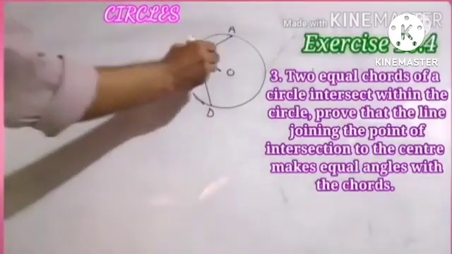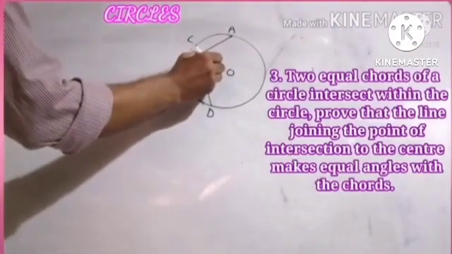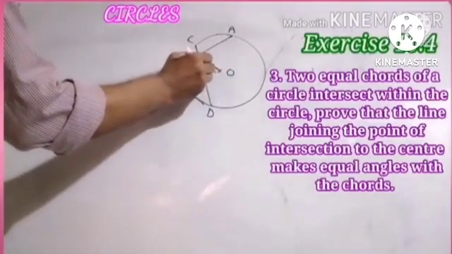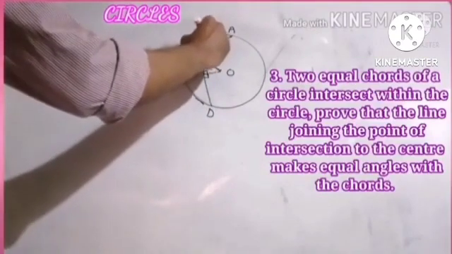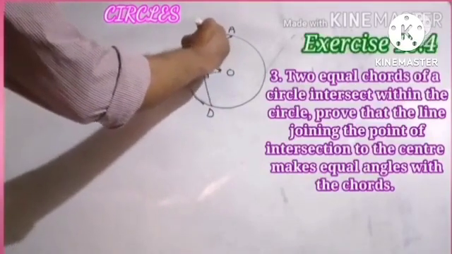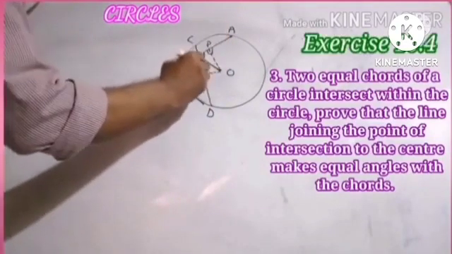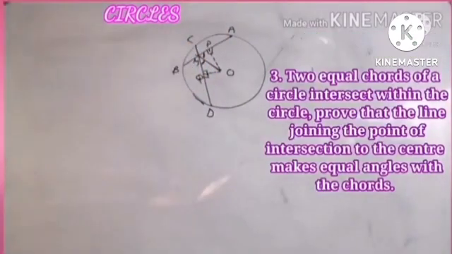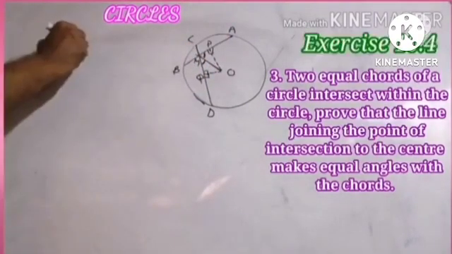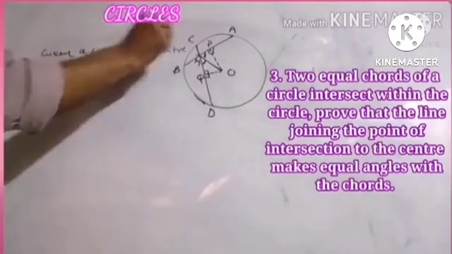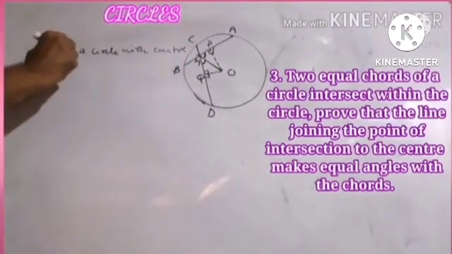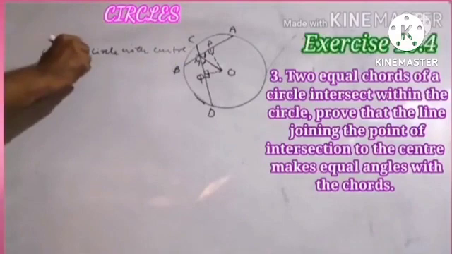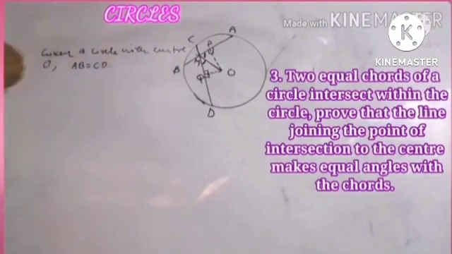To get that, the construction is the same as the last question. Draw P and Q here also. Write the same steps. Given a circle with center O, also given AB equal to CD.